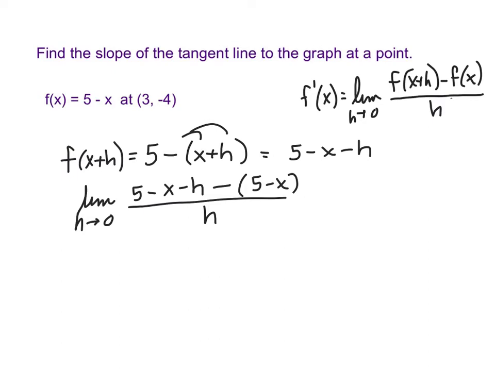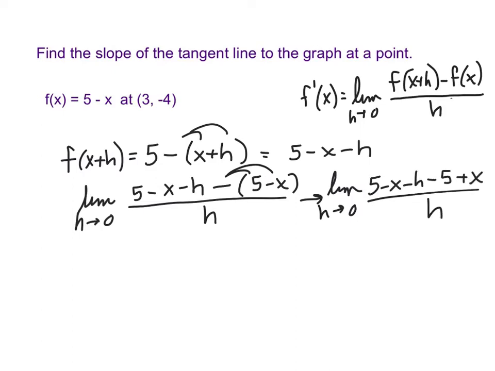Now, once again, you're subtracting a function, so that means that you have a distributive property happening here. And so you're going to end up with the limit as h approaches 0 of 5 minus x minus h minus 5 plus x over h. Now, when you're at this point, you're going to be simplifying the numerator. And a rule of thumb here, and this will always happen, if one of the terms does not have an h in it, anything without an h is going to cancel.